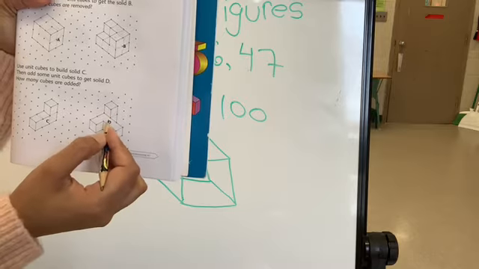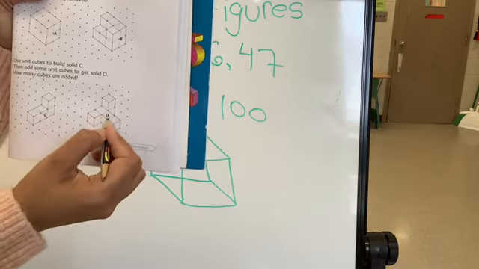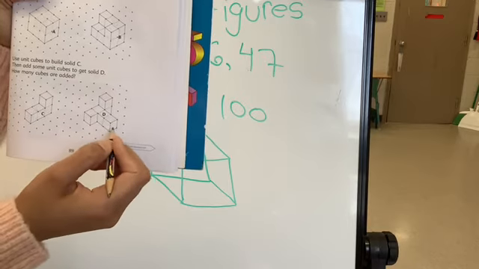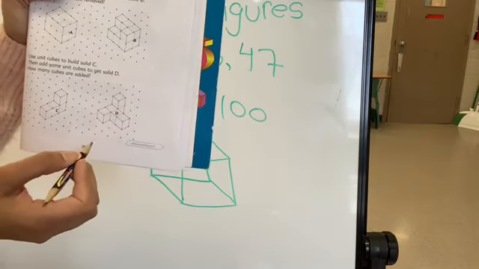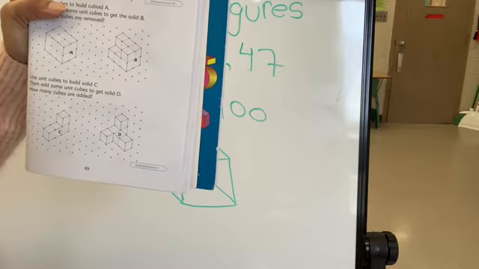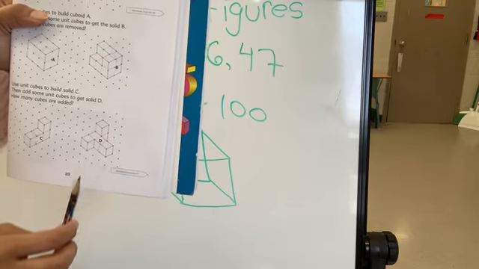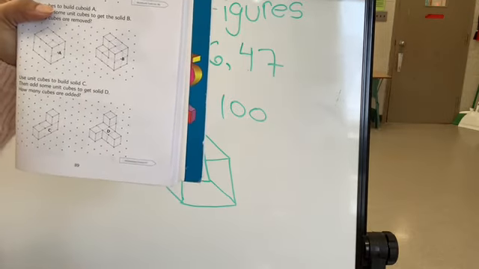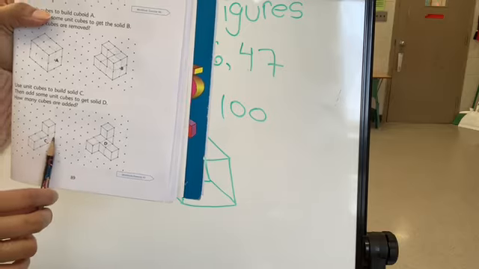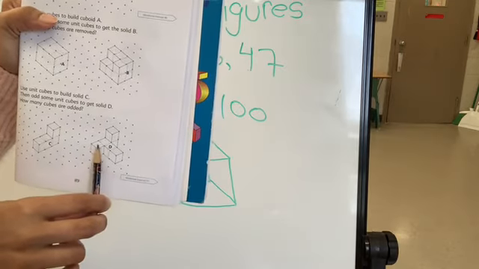How many cubes did we add to make cuboid D? So in C, we had 4 cubes, 1, 2, 3, 4. However, here we have 6.